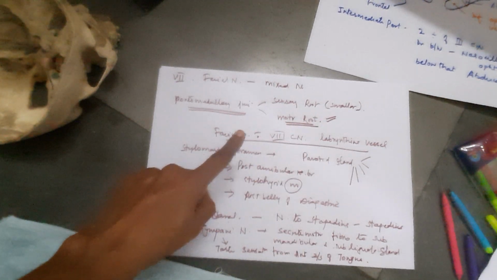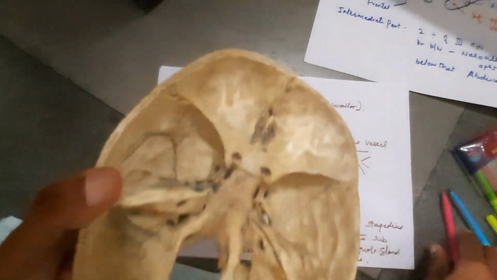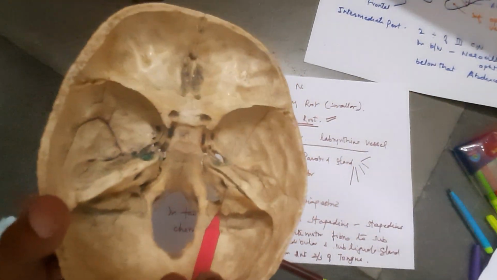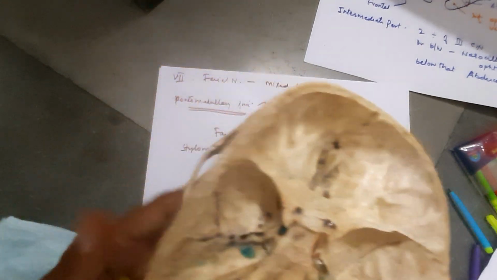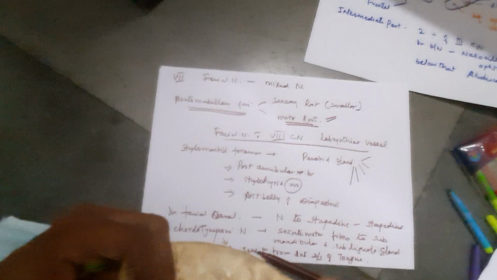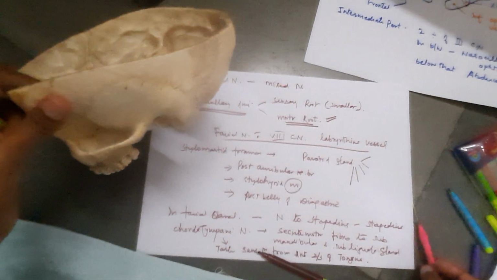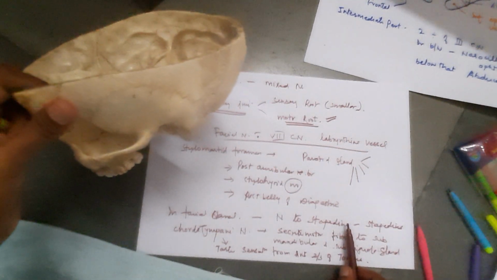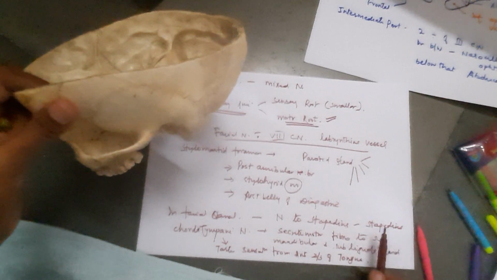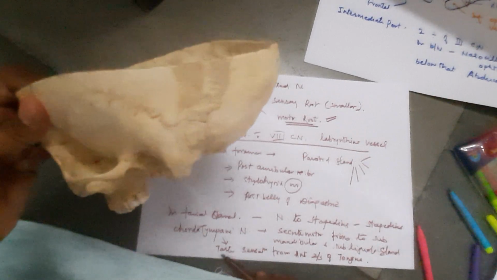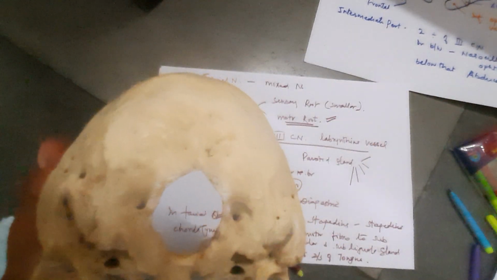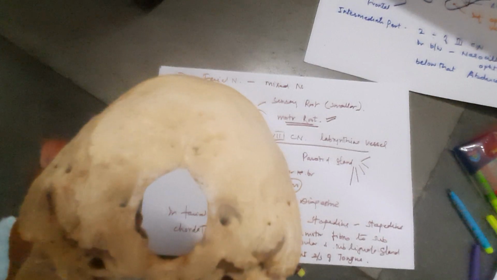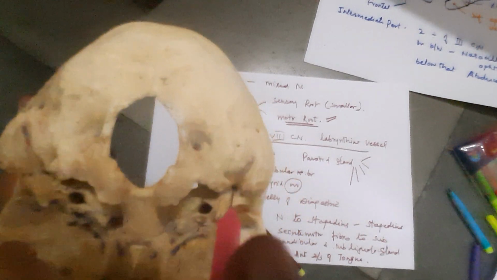This facial nerve enters with the 8th nerve and labyrinthine vessels into the internal acoustic meatus, and traverses the facial canal, and within the facial canal, it will give nerve to the stapedius, which will supply the stapedius muscle, and it will come out of the cranial cavity. Extracranially it will come out through the foramen between the styloid process and the mastoid process, which is the stylomastoid foramen.